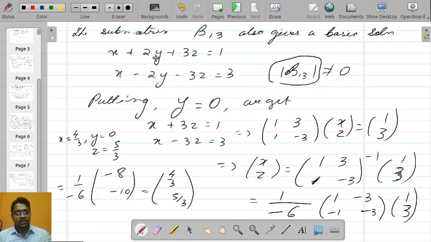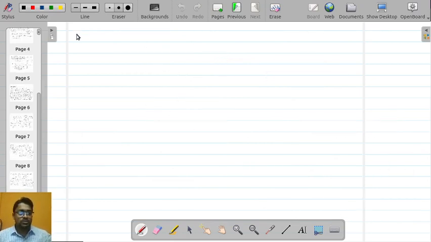Then we can find it by equating all other variables to 0. A basic solution has not more than m non-zero variables, termed basic variables.